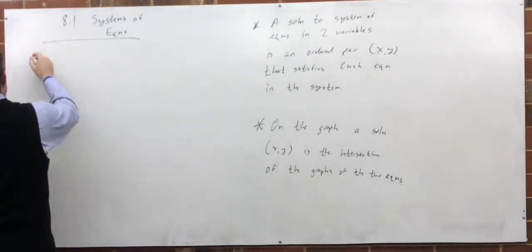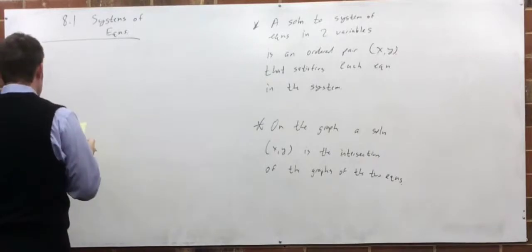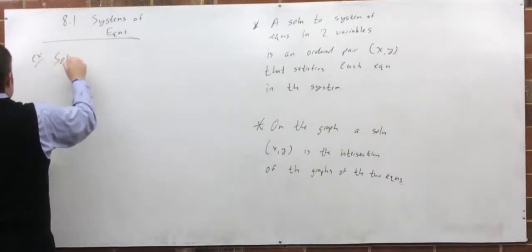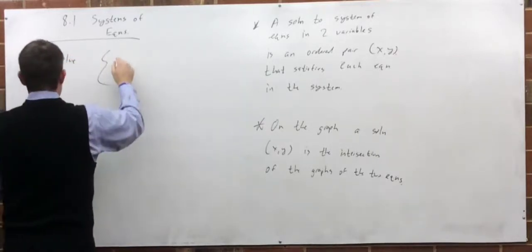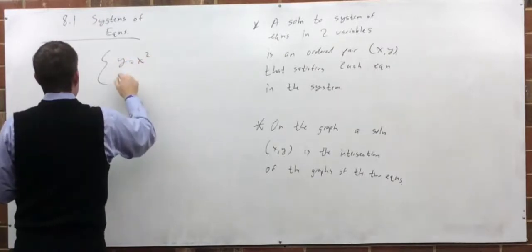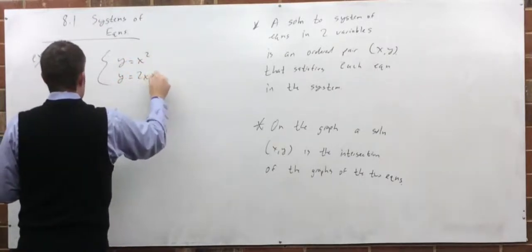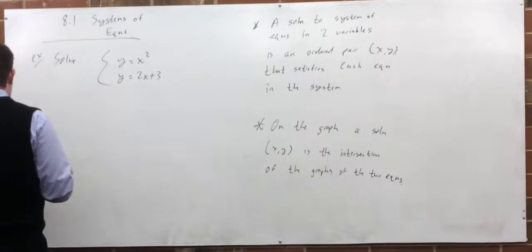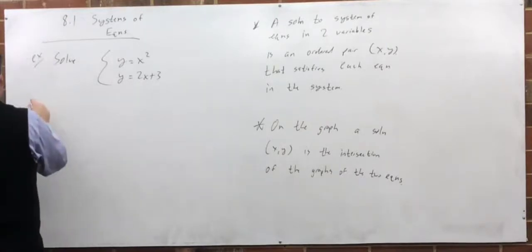Alright, so first example. We want to solve the system y equals x squared and y equals 2x plus 3. Now the first method I want you to look at is the substitution method.